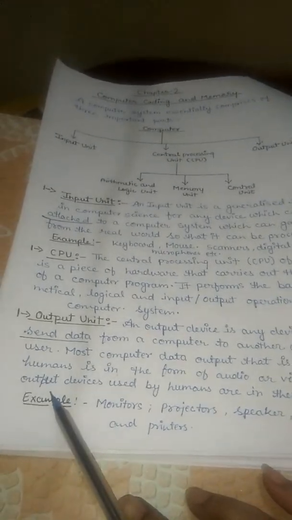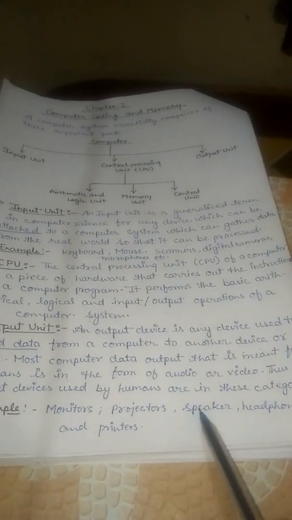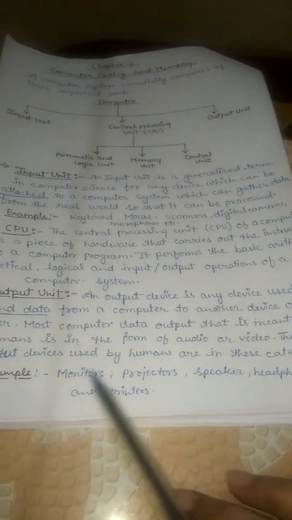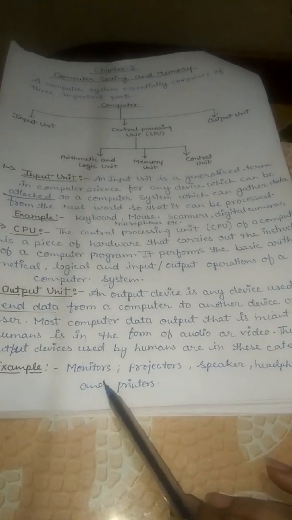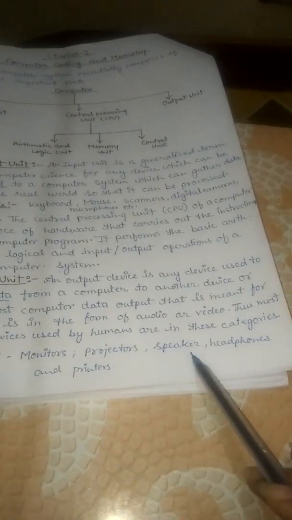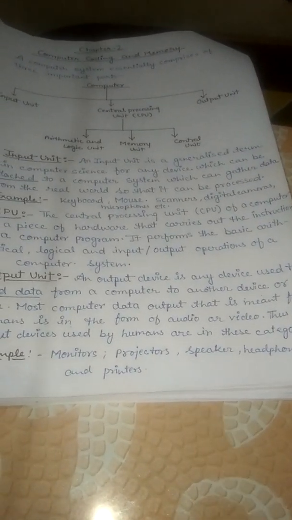Thus, most output devices used by humans are in three categories. Next, examples of output units: monitor, projector, speaker, headphone or printer.